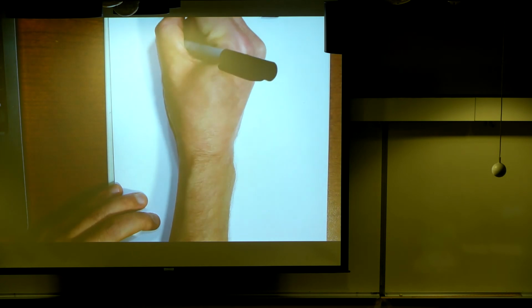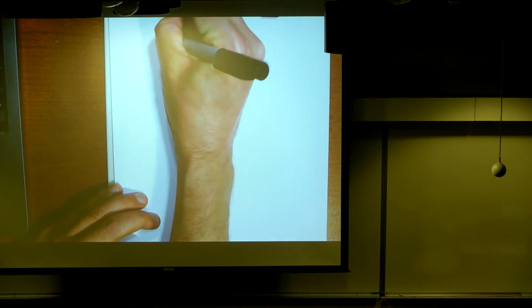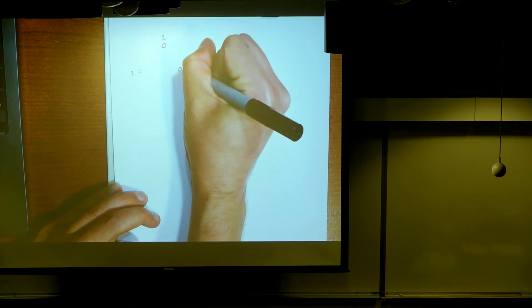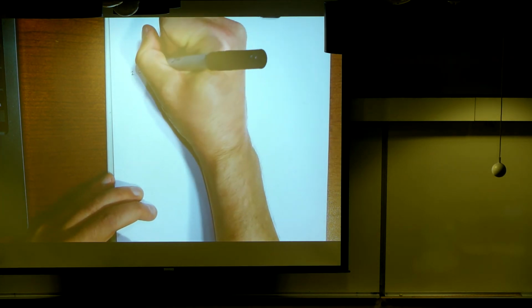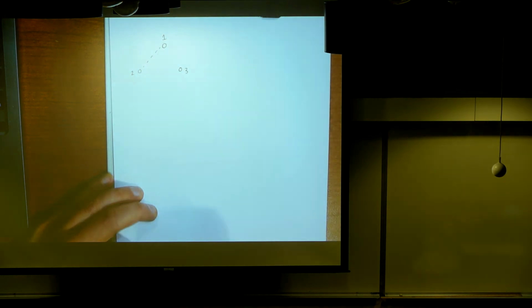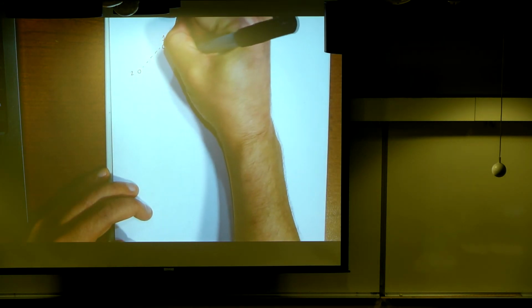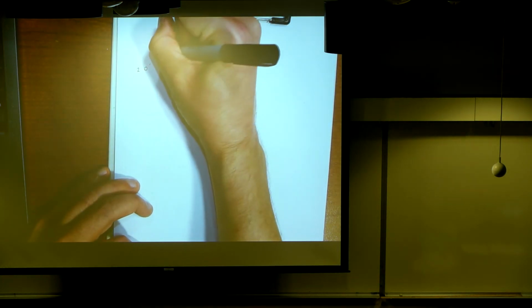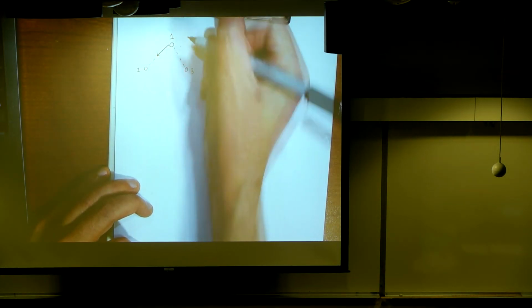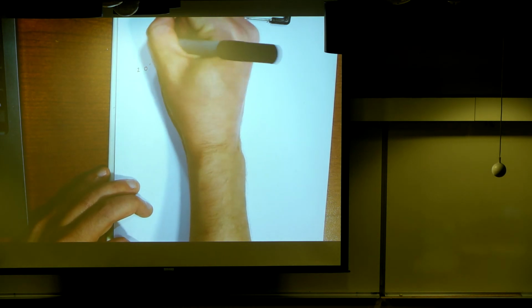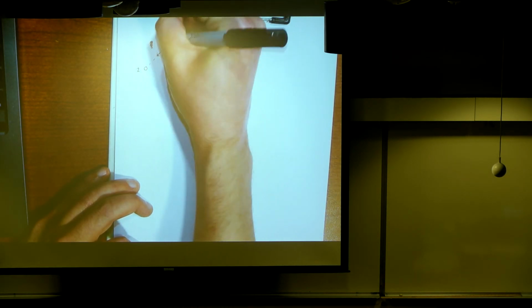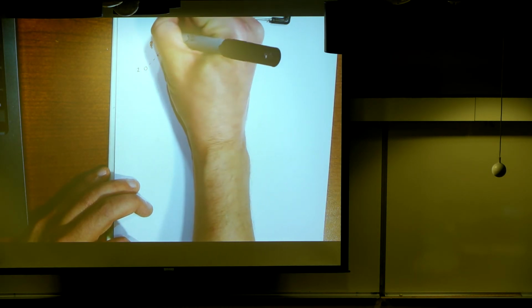So here we have 1 up here, and then we have 2 and 3 down here. Okay, there are 2 forces going on. One of those forces, I'm going to draw it just like this. This is what I'll call F21.